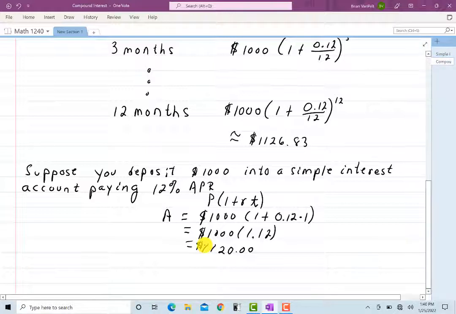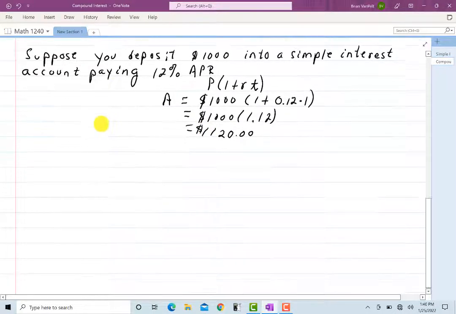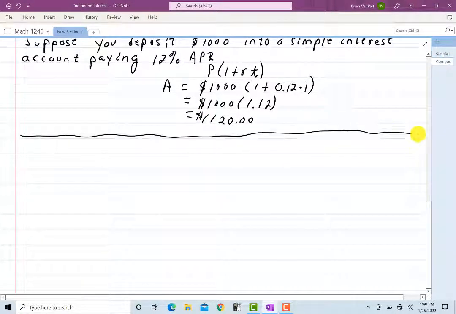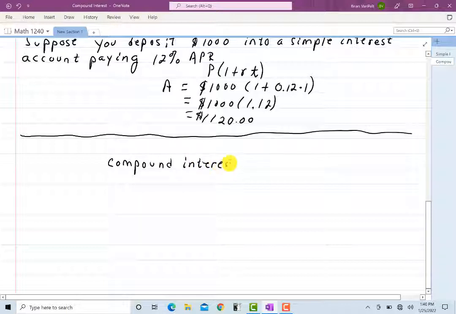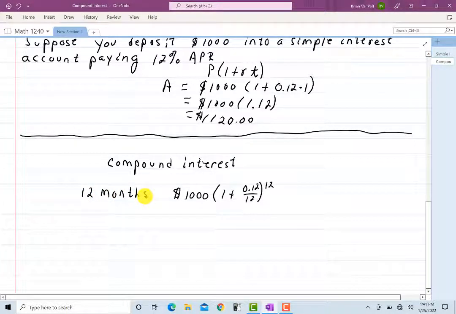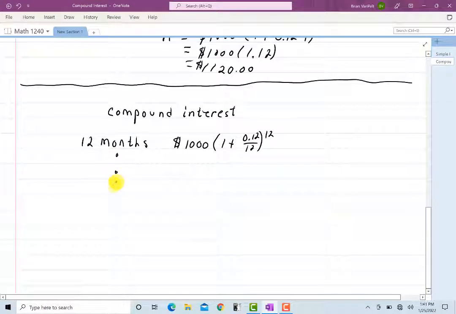Now, what if you did it for a bunch of years? So let's take a look at that. If we do compound interest, let's say we have the 1,000 times 1 plus 0.12 over 12 to the 12th. That's after 12 months. We can keep going. After 24 months, how much do we have?